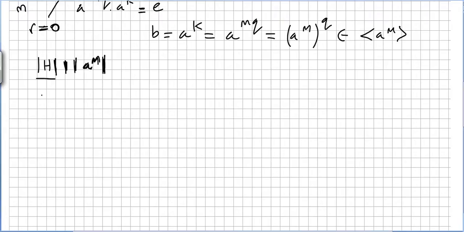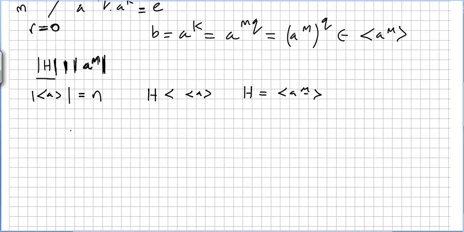Okay, so let us pick the group A and say that its order is n. And let us say that H is a subgroup of A. Okay. Above we showed that H is generated by m powers of a, for some m.